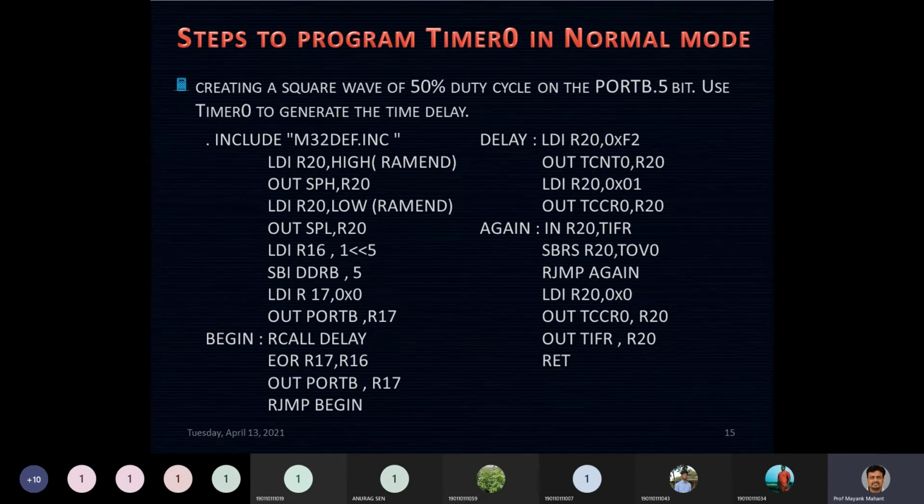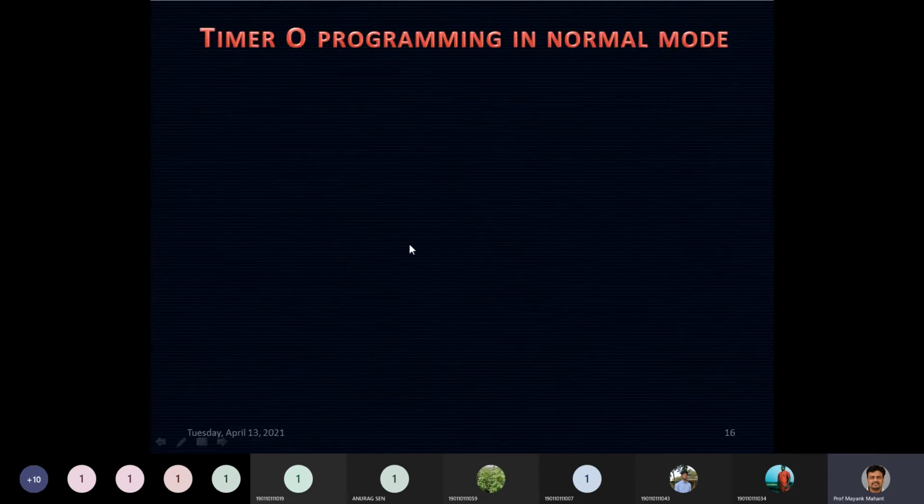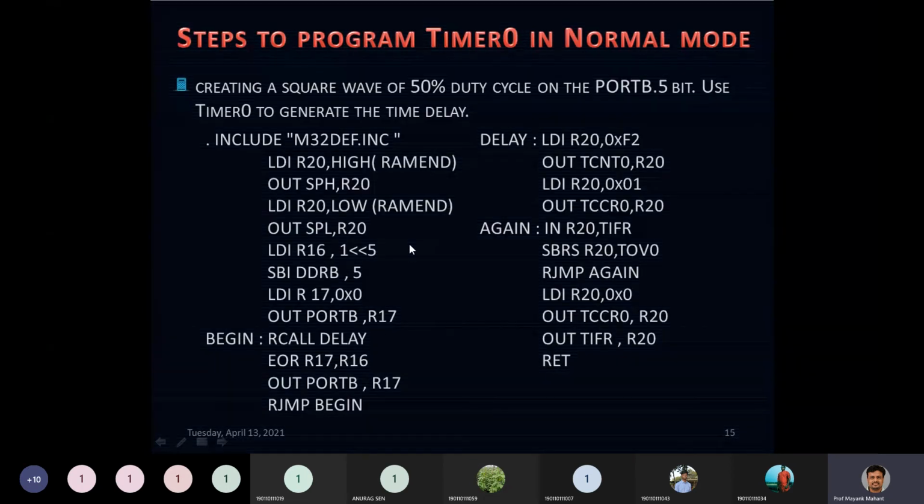You will clear the flag, and then you need to return back to your main program. This is how you can use your timer in the normal mode.